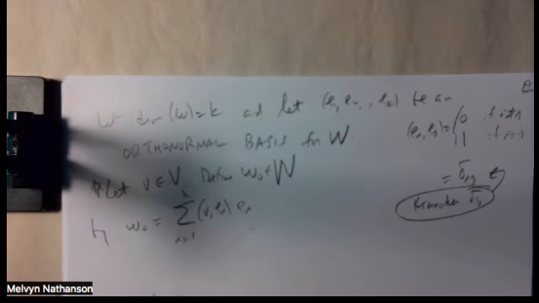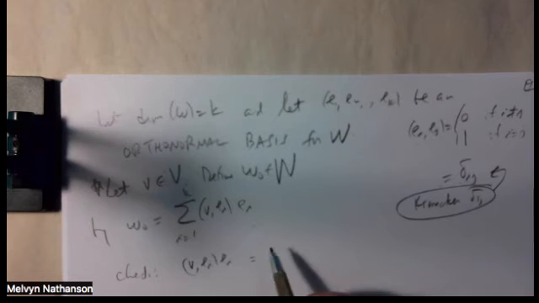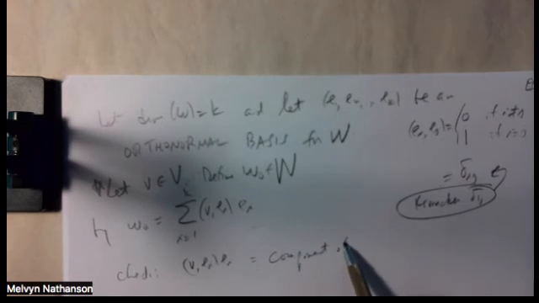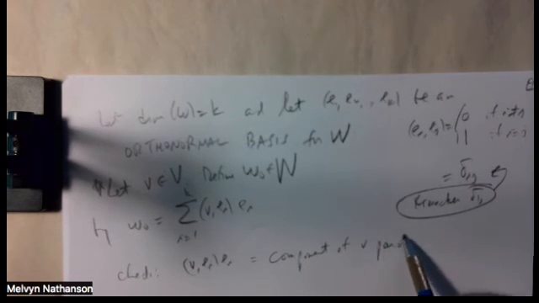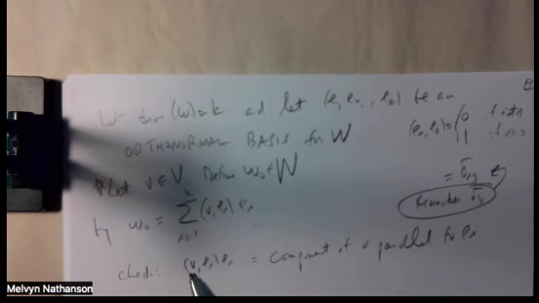You might just check that the inner product of V with EI is, by definition, the component of V parallel to EI. We would normally write this as this inner product divided by the inner product of EI with itself, but that denominator is just 1.